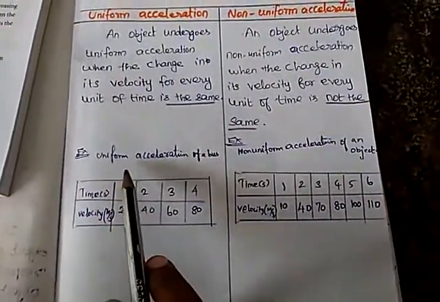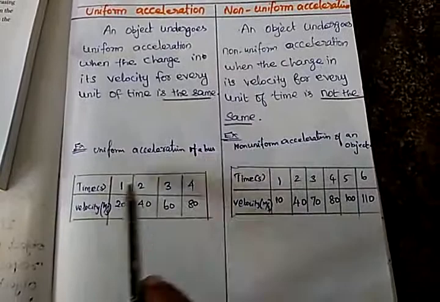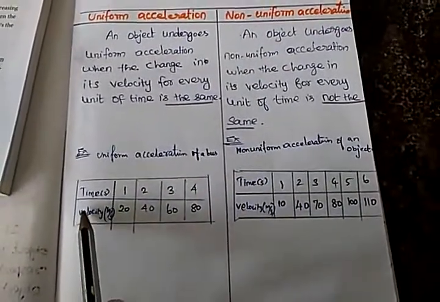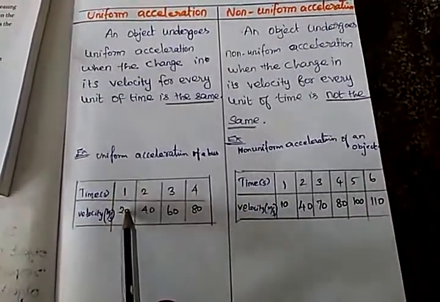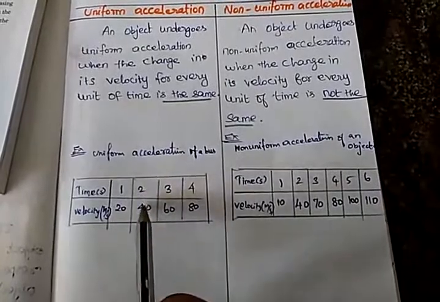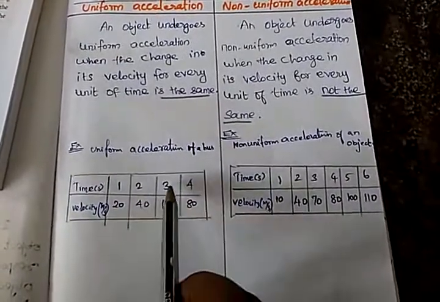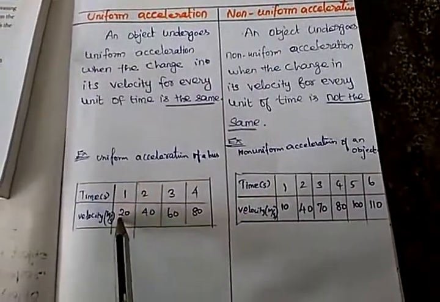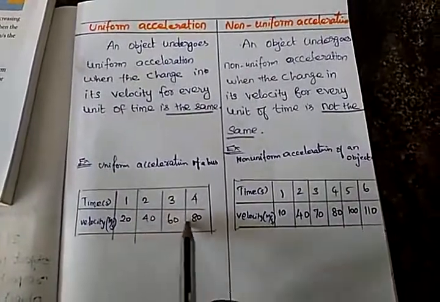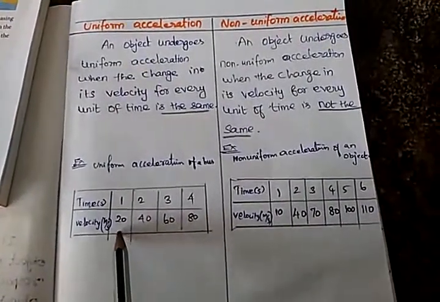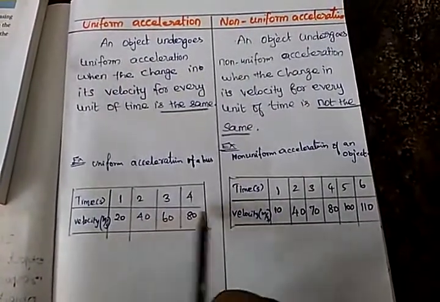Here we see uniform acceleration of a bus. It is a time table. At 1 second velocity 20, 2 seconds 40, 3 seconds 60. Here we see the velocity increases uniformly. For every unit of time the change in velocity is the same.